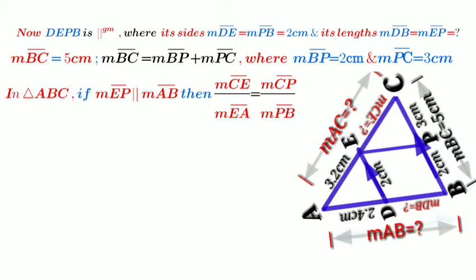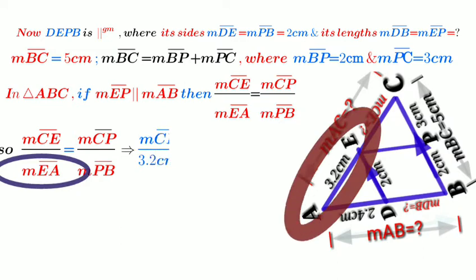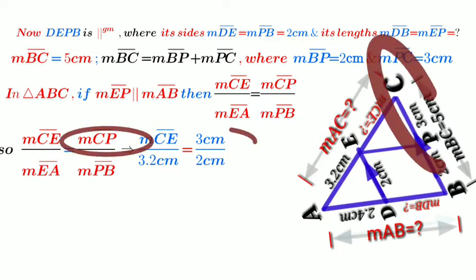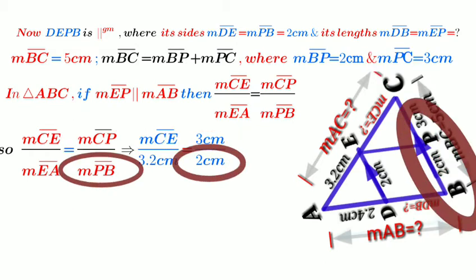For finding the value of side CE, we put the value of EA is equal to 3.2 centimeter, the value of side CP is equal to 3 centimeter and the value of side BP is equal to 2 centimeter.